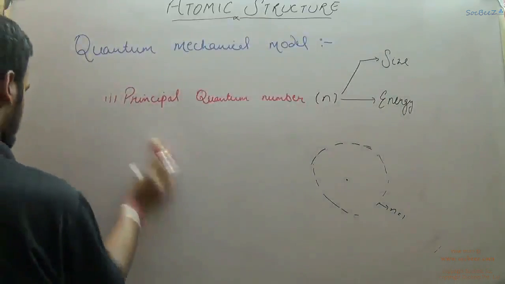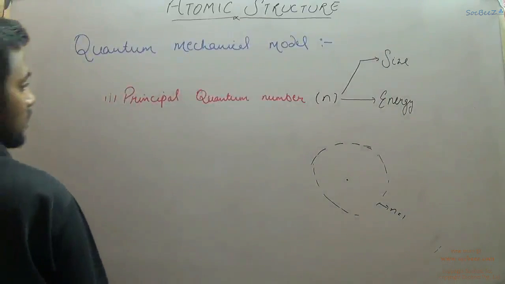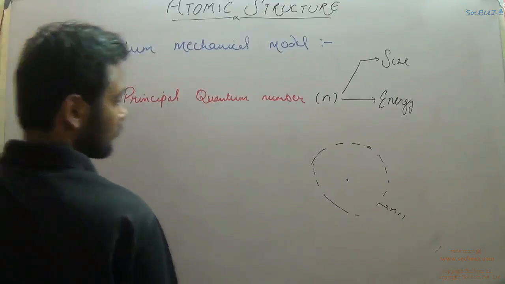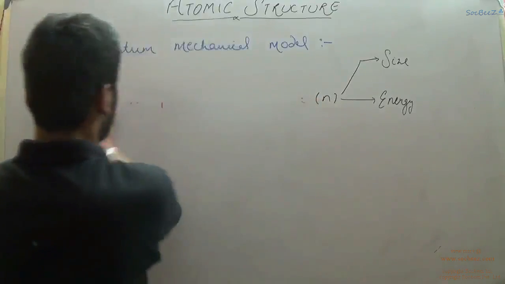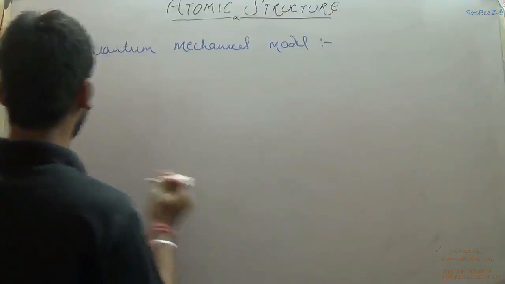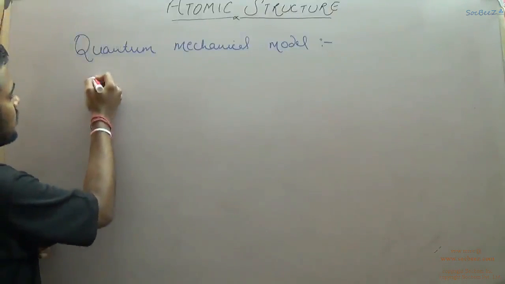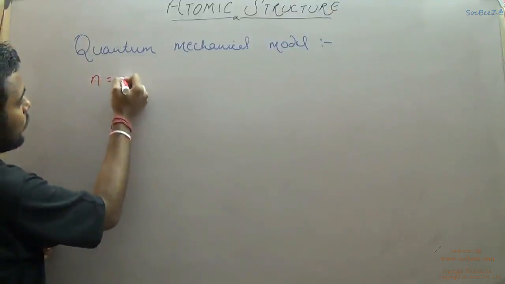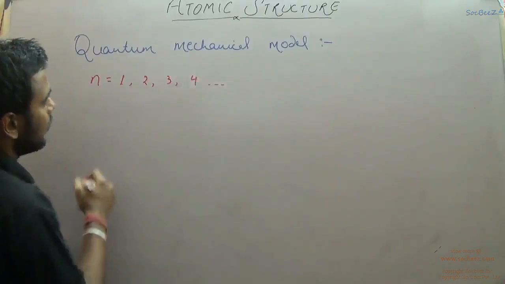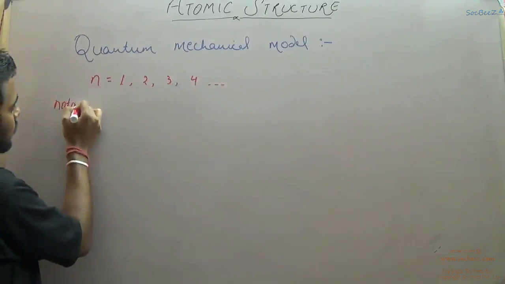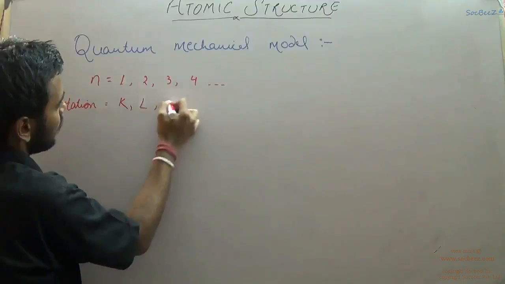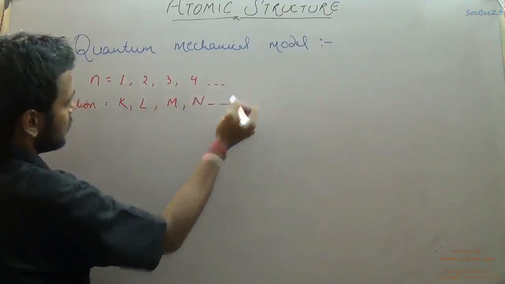Then in that case you will not be actually confused. So, the principal quantum number: N equals 1, 2, 3, 4 and so on, and its notation is K, L, M, N and so on.